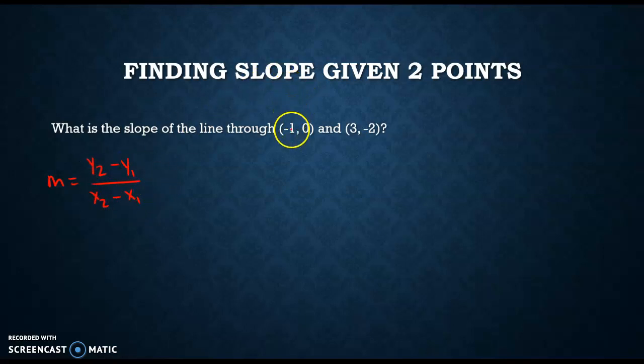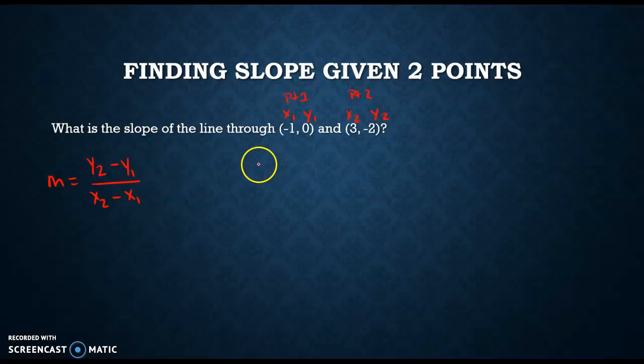So if I call this point 1, right, so here's point 1, and this is point 2, then this would be x1, y1, and x2, y2. Now, all you really need is to make sure that whatever point you choose your y from first, that's the one you choose your x from.